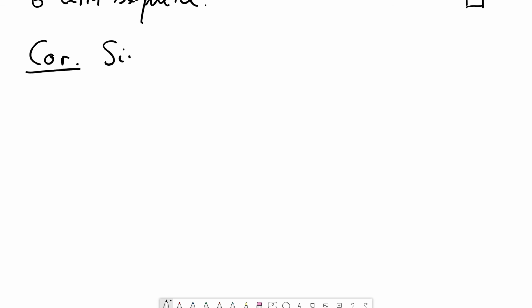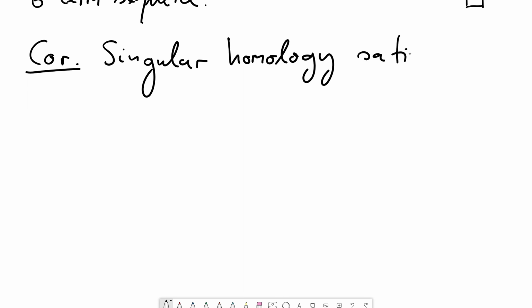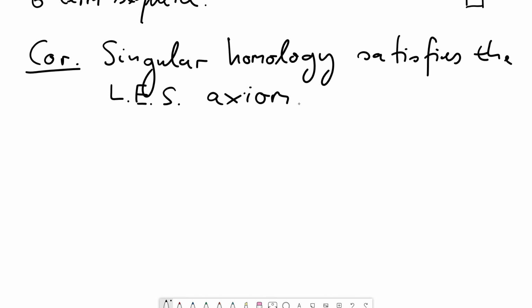singular homology satisfies the long exact sequence axiom, and the proof is now just the following.